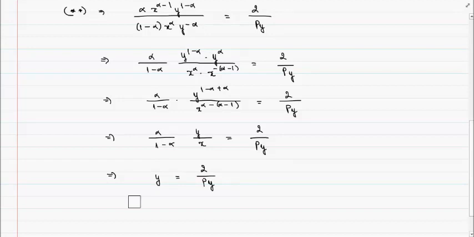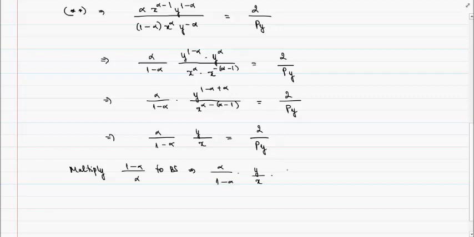Okay, so if I multiply 1 minus alpha on alpha to both sides of this equation, then I get alpha on 1 minus alpha, times y on x, times 1 minus alpha on alpha, and it's 2 on py times 1 minus alpha on alpha.